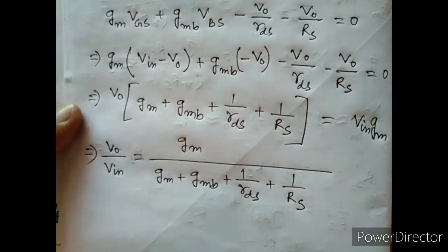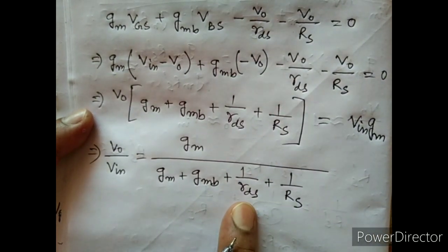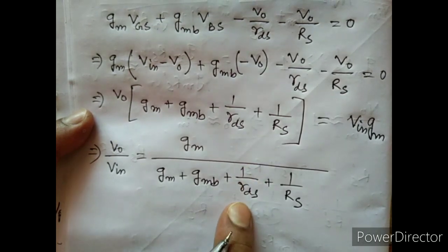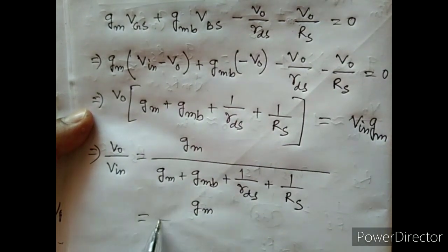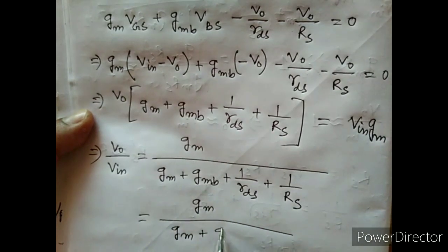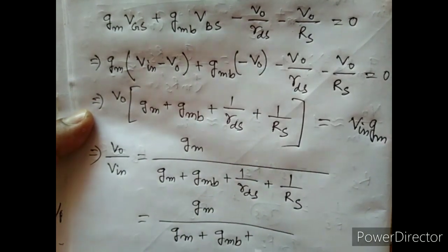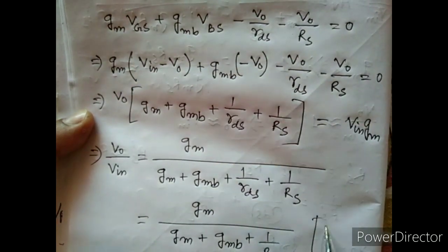Now we can neglect rds, as the rds is very high, then it will become gm by gm plus gmb plus 1 by RS.